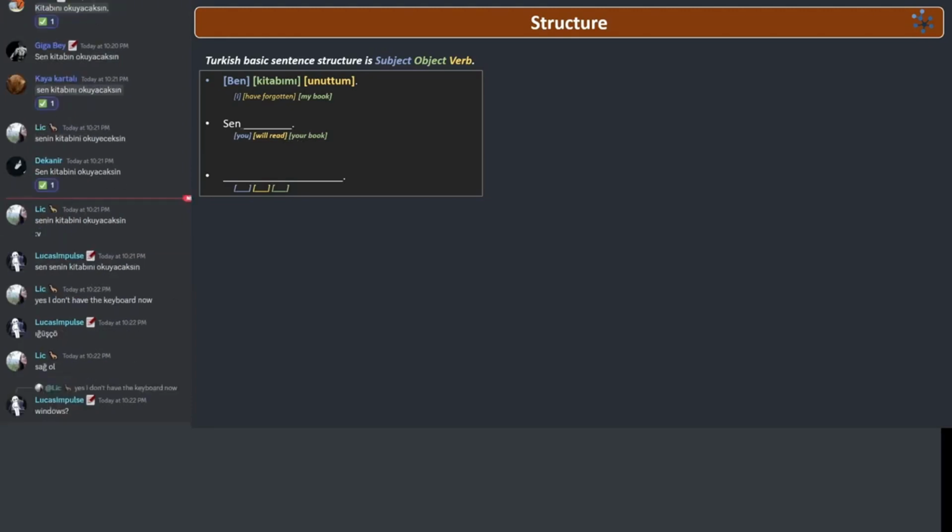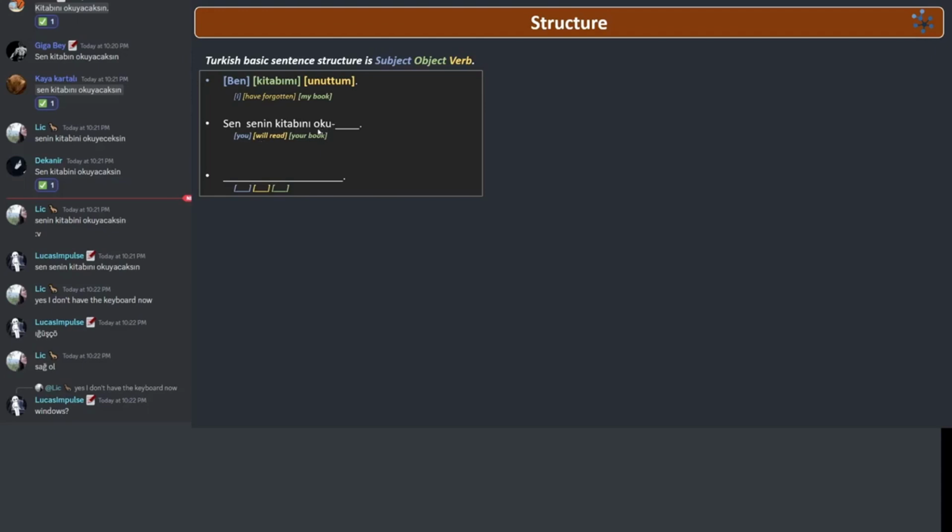For this, if you remember from two weeks ago, senin kitabın, senin kitabın. And since this is in the position of a direct object, I also need one more ending, the accusative case. Kitabını oku.